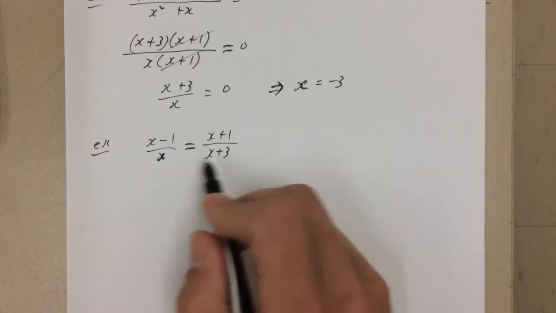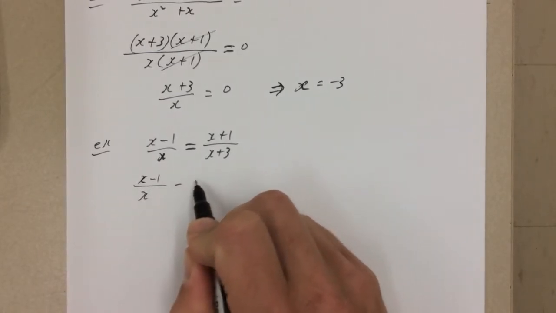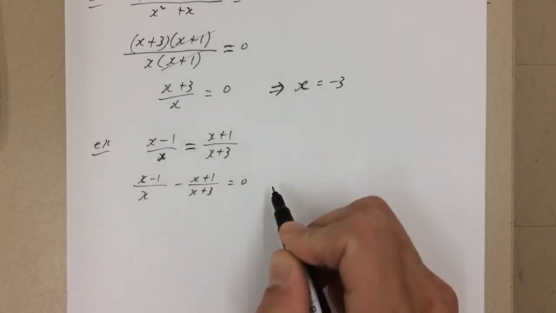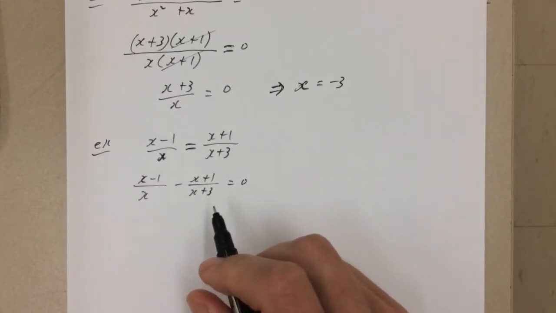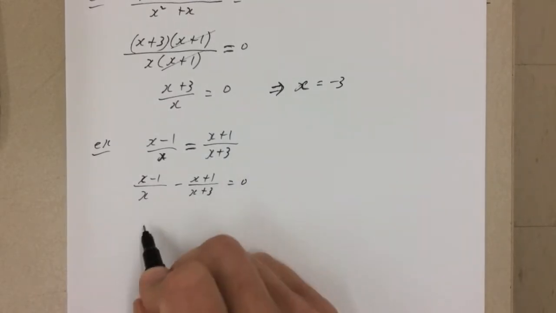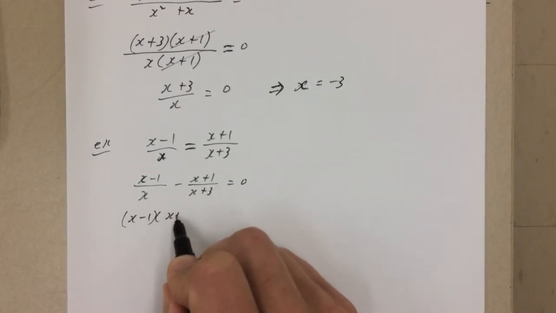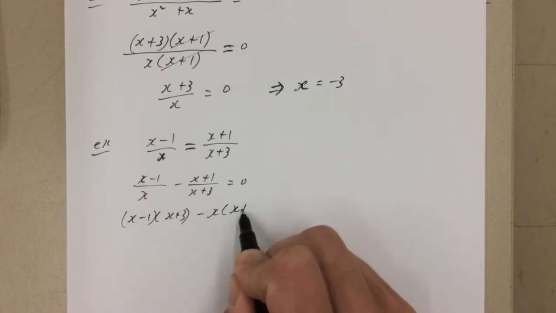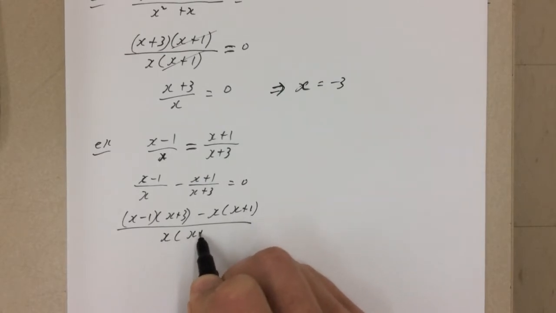Bringing everything to the left side, x minus 1 over x minus x plus 1 over x plus 3 equals 0, then we can get a common denominator: x minus 1 times x plus 3 minus x times x plus 1, all over x times x plus 3.